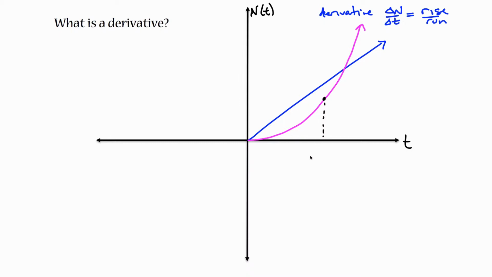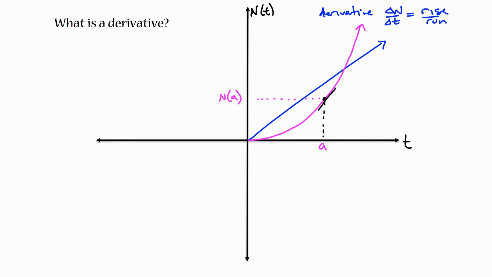So at a point in time, I'm going to call time A, I know that at this time my population is going to be n of A, and my population growth rate is going to be the slope of a tangent line to the curve at exactly that point A, because it's an instantaneous rate of change.